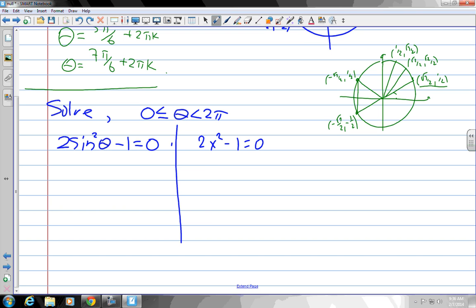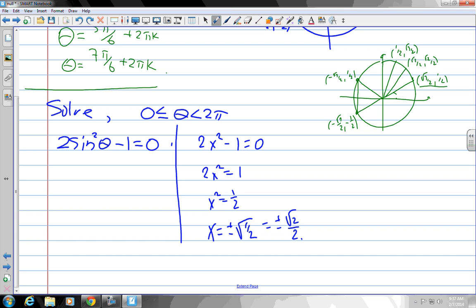Add 1 to both sides, so you get 2x squared equals 1, right? Then you would divide by 2, so x squared equals 1/2, and then you would take the square root, so x equals plus or minus square root of 1/2, right? Rationalize that: plus or minus square root of 2 over 2, right?